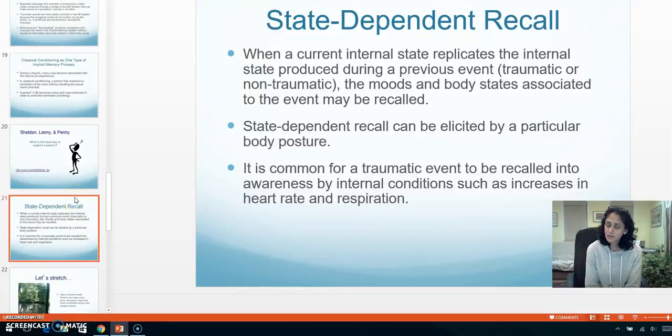So certain postures in your body will give rise to recalling of that event, and you might not even be aware of what happened.